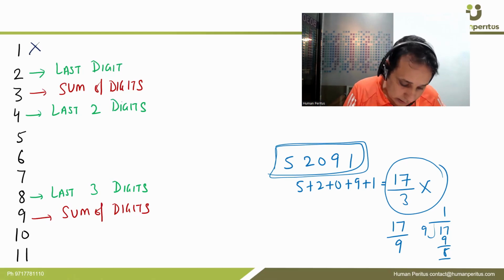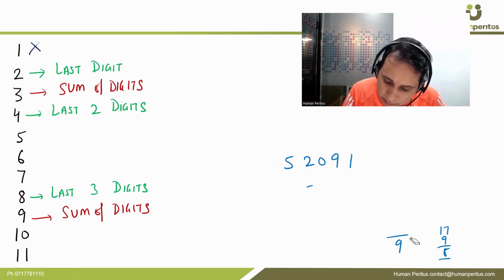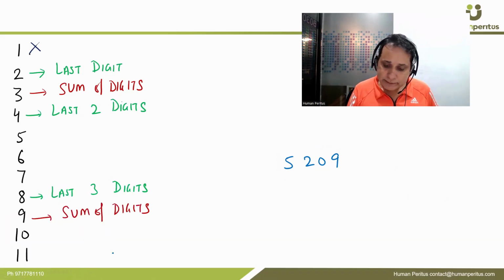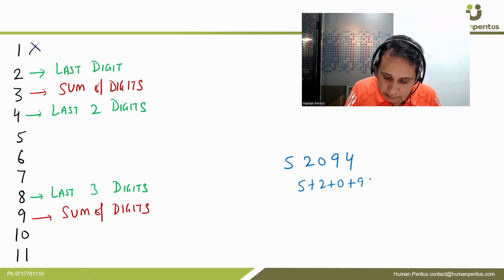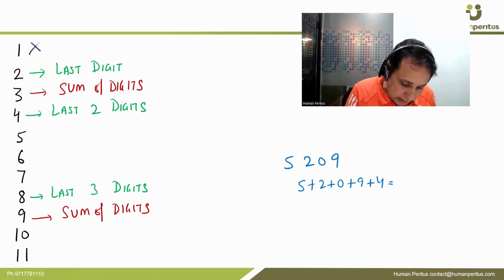For example, let me write some number which is divisible by 3, but which is not divisible by 9. So the number is 52095.